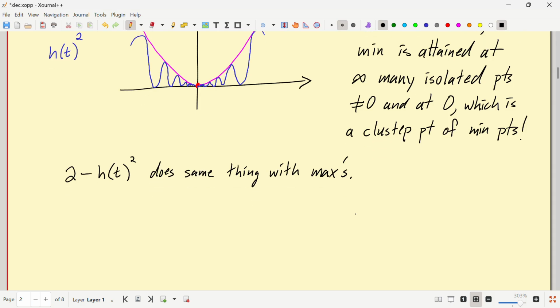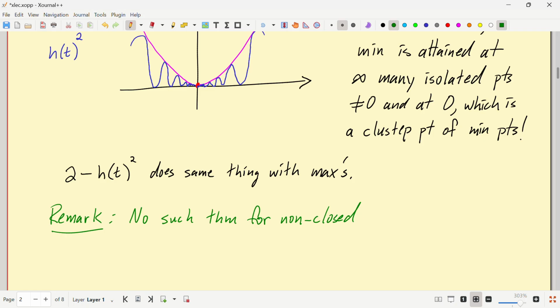The importance of having a closed interval here is, I've shown you that it can't be an open interval, so the theorem fails. No such theorem for non-closed intervals. So half open or open.